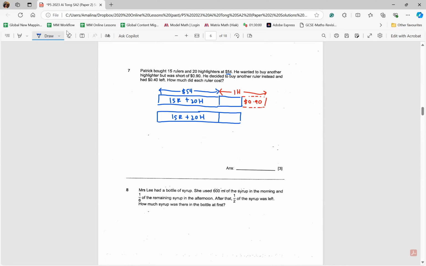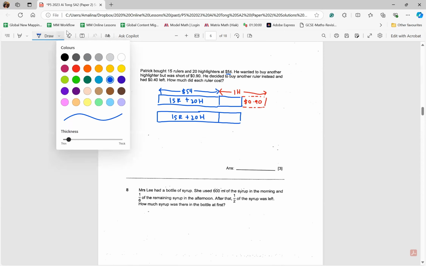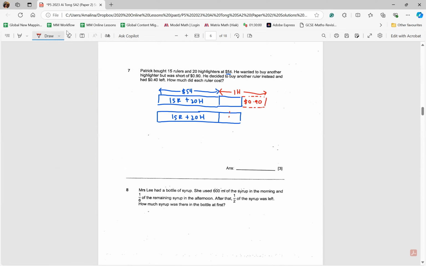If he purchased one more ruler, he has 40 cents left, meaning that the cost of one ruler doesn't exceed the money that he has. So I'm going to cut off. This is my 40 cents. Now this is the one ruler. So I'm going to label 1R. Can you see?